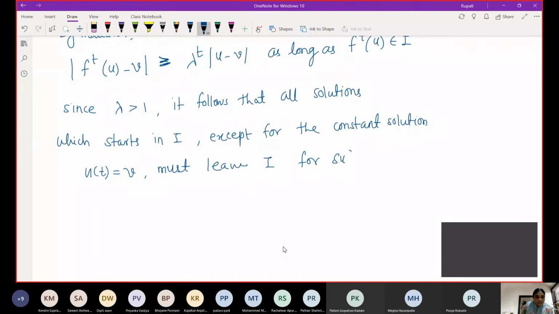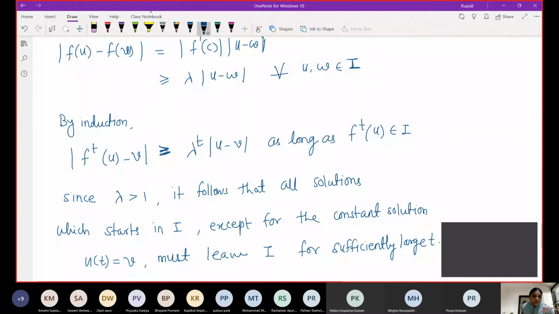So this implies V must be unstable. Since lambda is strictly greater than 1, we can say that all solutions leave I, or they wander far from I. Okay, so V must be unstable.